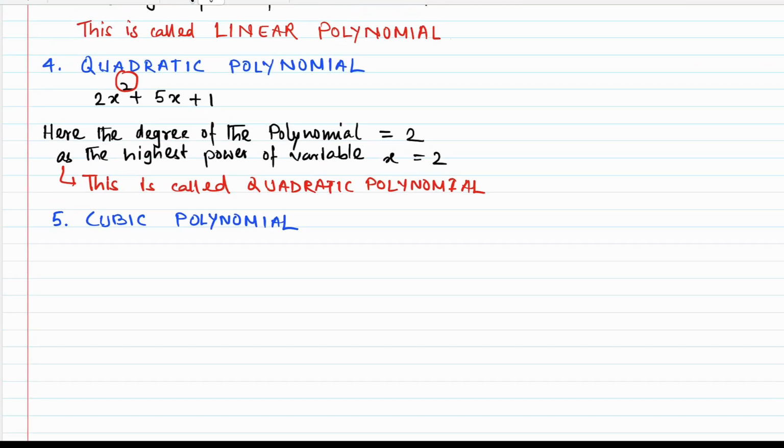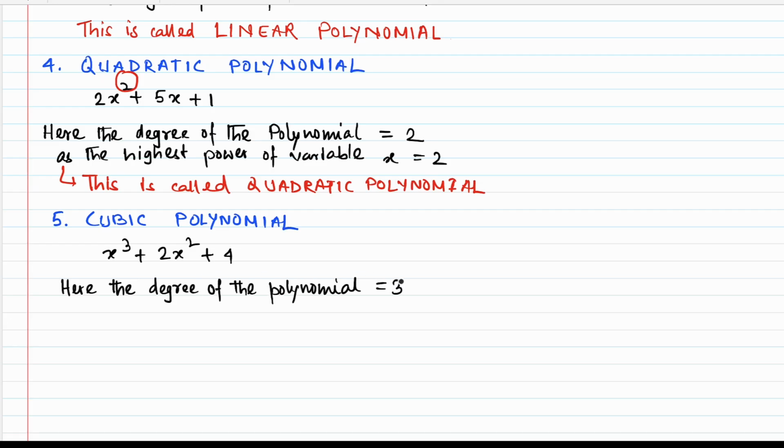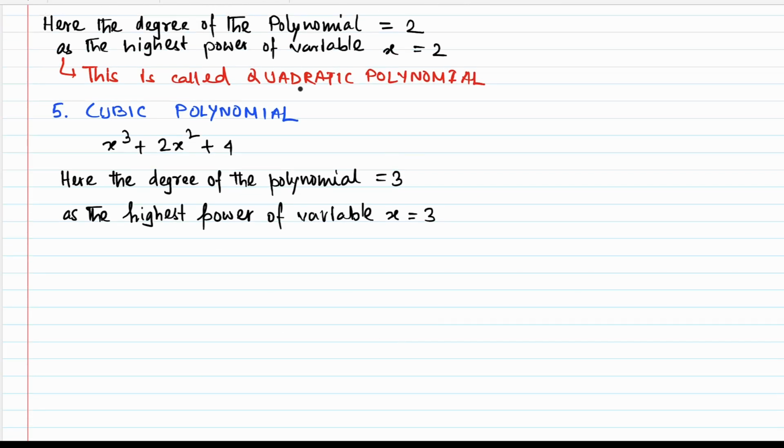Now we have the cubic polynomial. x to the power 3 plus 2x square plus 4. What is the degree of this polynomial? The degree is equal to 3, as the highest power of the variable x is 3.